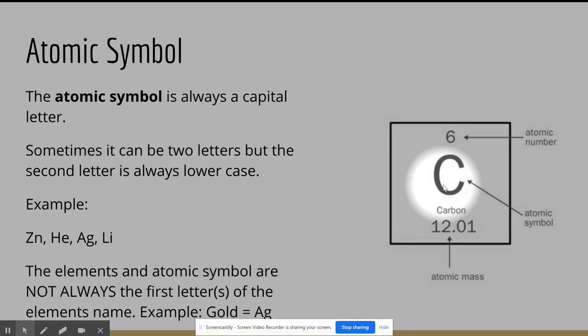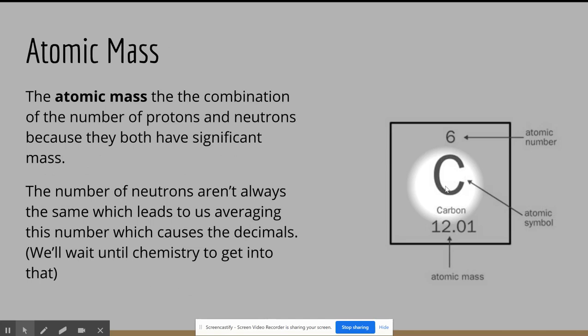This comes from some of these elements being discovered in other countries, or sometimes when the element is discovered, the first letter is already taken. So some of these have different letters like Zn and He and Ag and Li. It doesn't always match the first letter of the word in English because English isn't the only language in the world.